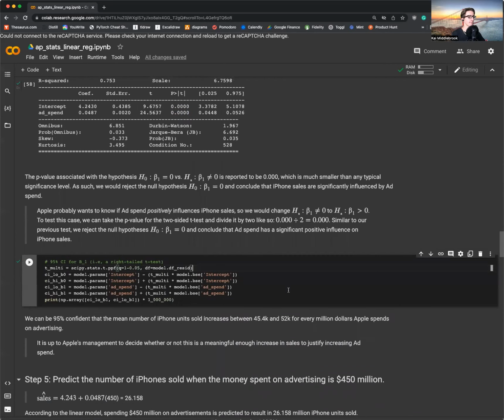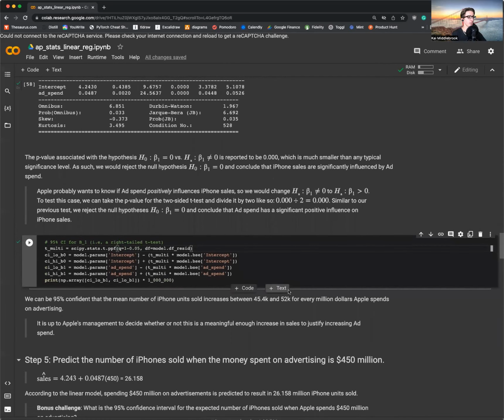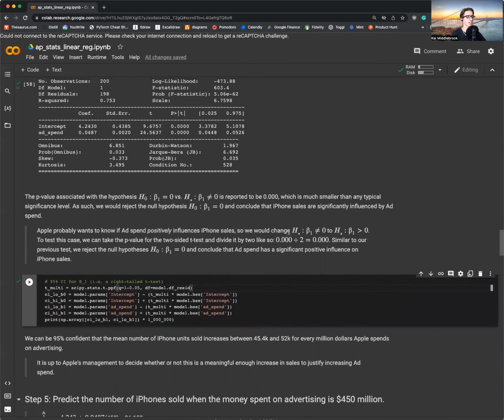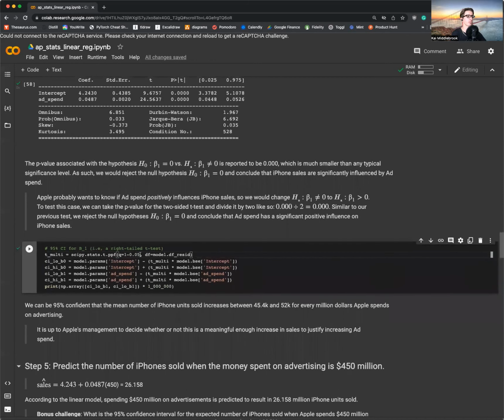Now, we may eventually want to get the 95% confidence interval for our slope using this alternative hypothesis, where we're looking at whether ad spend positively influences iPhone sales. So in that case, we're going to use a one-sided, right-tailed t-test.